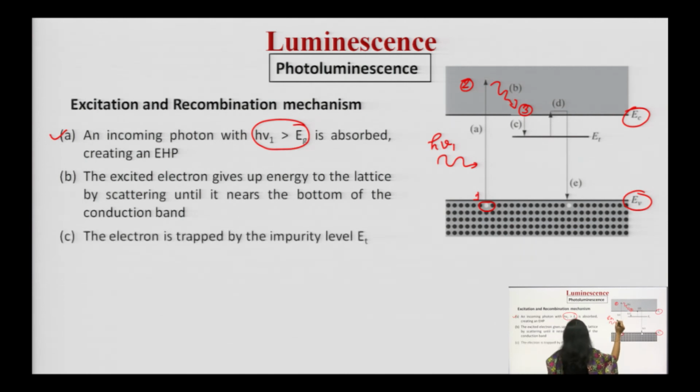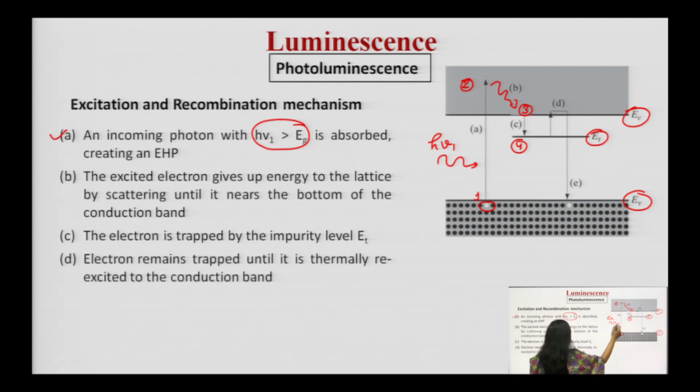After that, you can see there is a level ET, the trap level. The electron can be trapped by an impurity level, ET, so it goes from point number 3 to point number 4. The electron remains trapped until it is thermally re-excited to the conduction band, from point number 4 to 5.